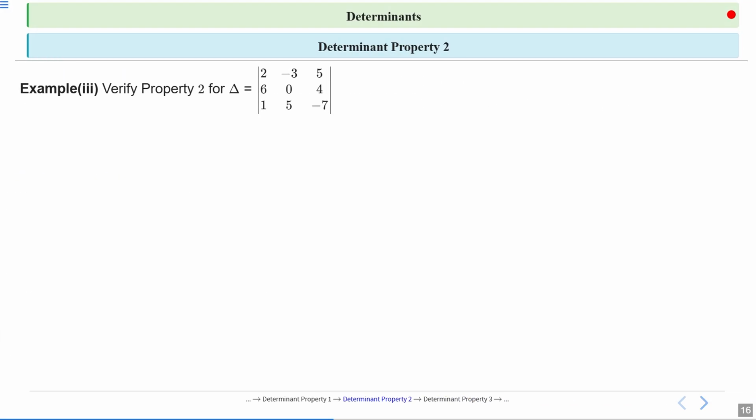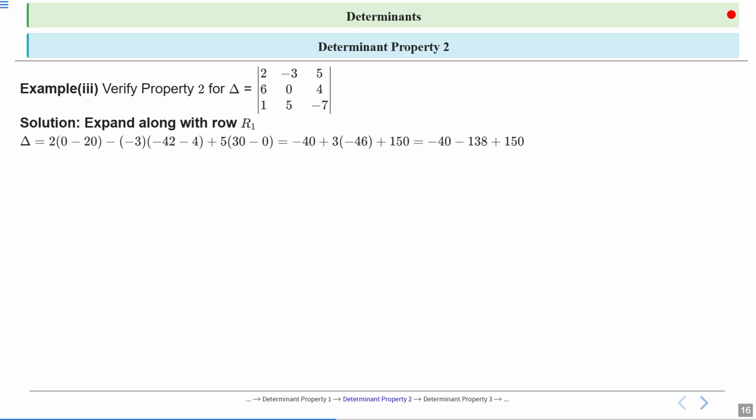Let us verify property 2 for the determinant 2, minus 3, 5; 6, 0, 4; 1, 5, minus 7. When we expand along R1, the first element is 2 into the determinant of 0, 4, 5, minus 7, that is 0 minus 20. Then minus into minus 3, then the determinant of the matrix obtained by cancelling the first row and second column, which is 6, 1, 4, minus 7.